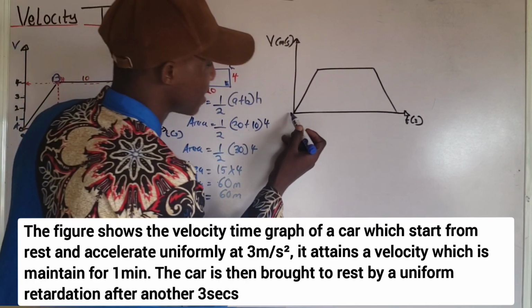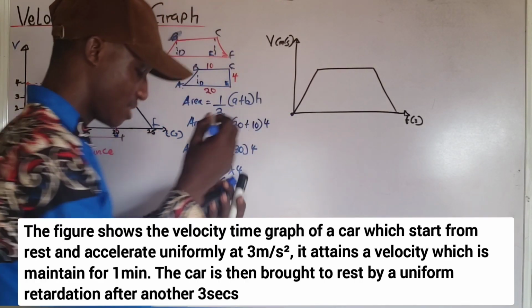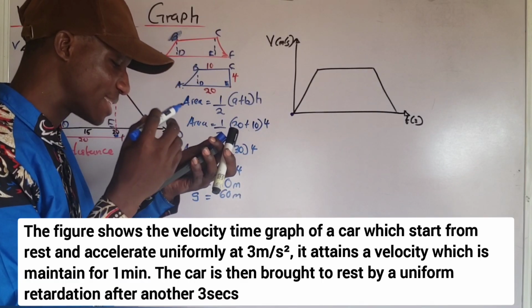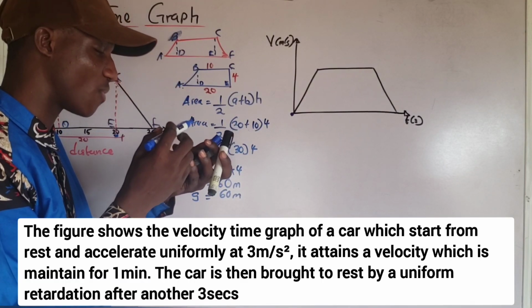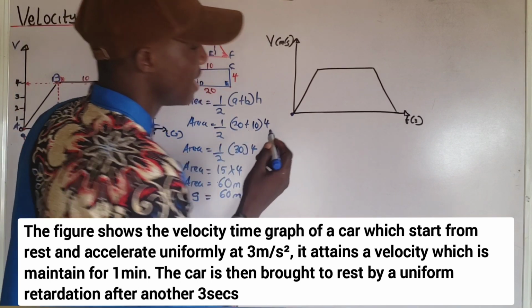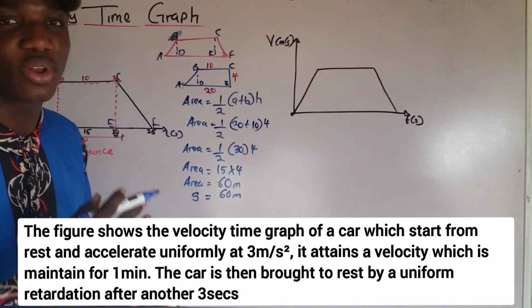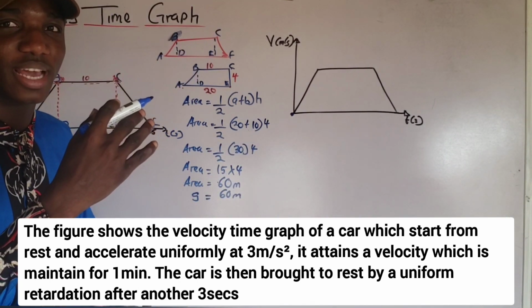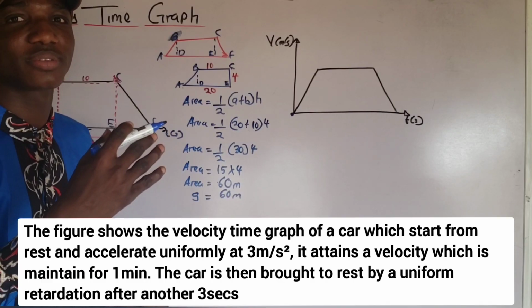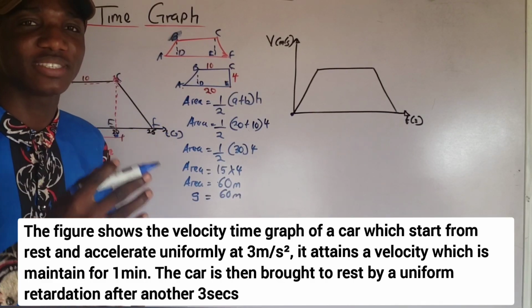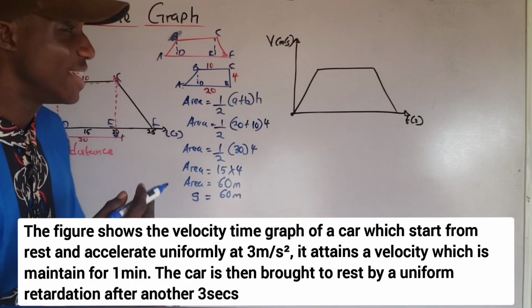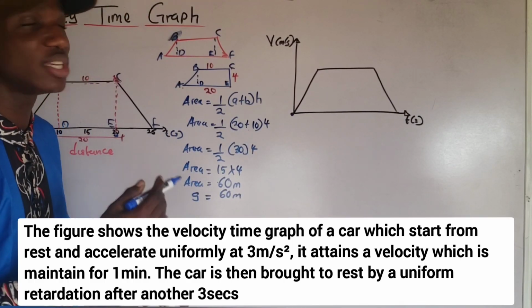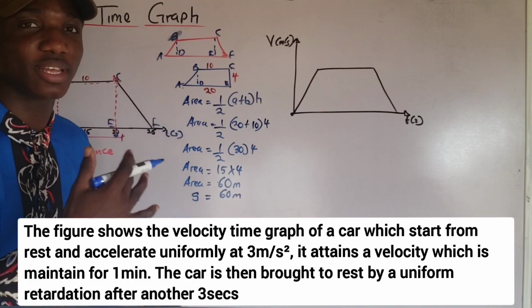Now, from rest simply means it starts from this point and it accelerates uniformly at the rate of 3 meters per second squared for 5 seconds. So, when a car accelerates, the velocity increases. You understand? Acceleration tells us how fast the velocity of an object is changing. Okay? So, when a car accelerates, the velocity of that car changes from 0 to a significant velocity.